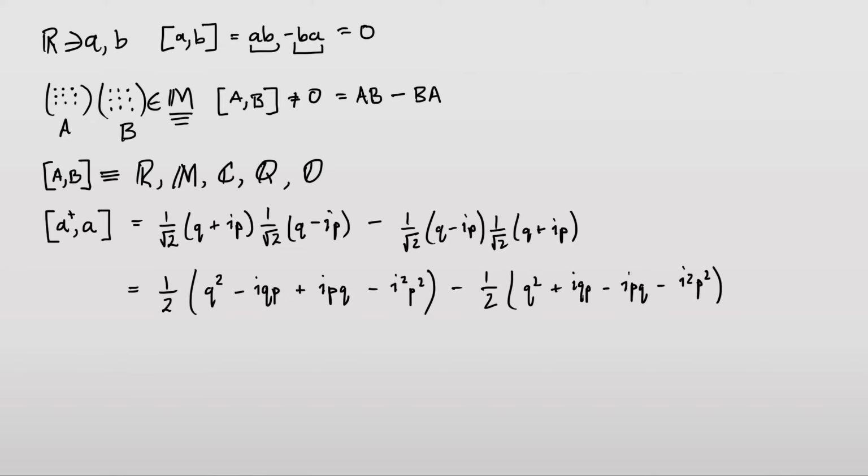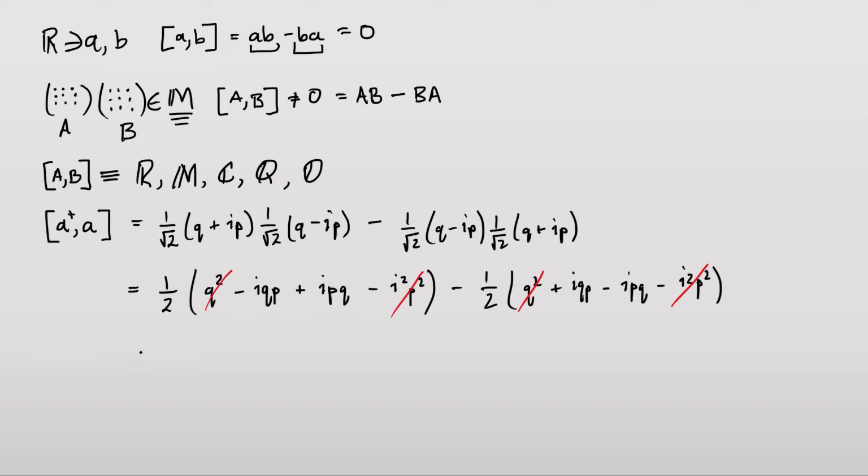Right, and so we can see here that we have some things starting to cancel out with one another. For example, this is going to cancel out with this. This is going to cancel out with this. And let's see here.